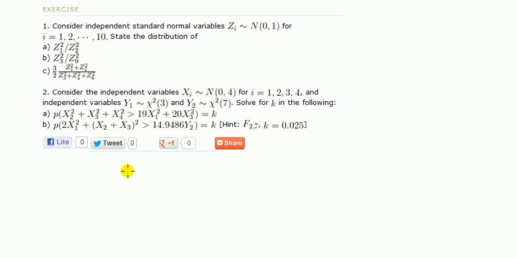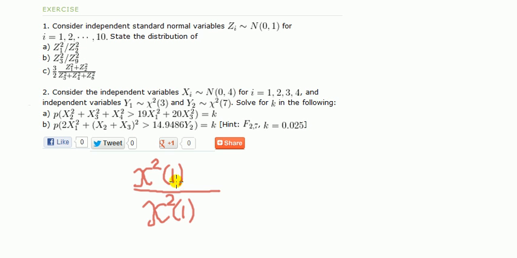In this case, we've got Z1 squared, which is just one standard normal squared. So from previous results, we know Z1 squared is chi-square 1. Z2 squared is also chi-square 1, because there's only one Z in the bottom.